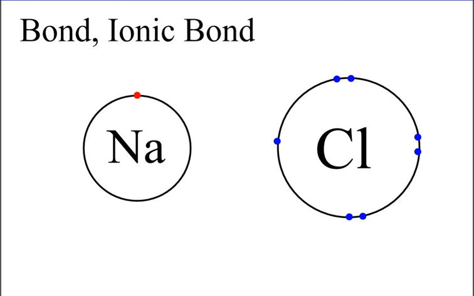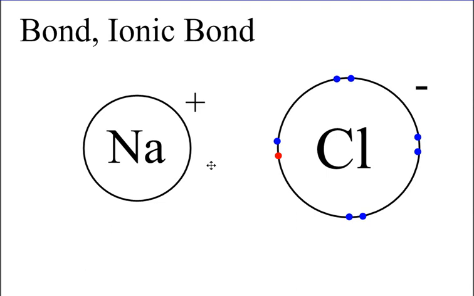Atoms are the same way. Systems tend to the lowest energy level possible. When sodium and chlorine react, they form sodium and chloride ions, because electrons are transferred from sodium to chlorine, making it chloride.